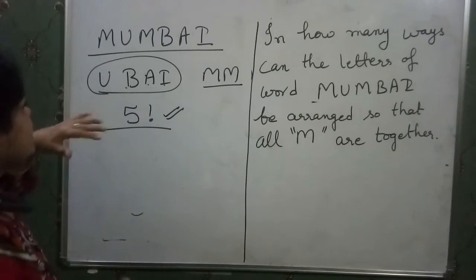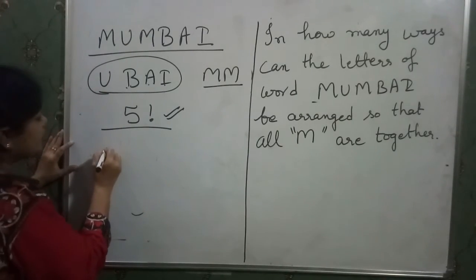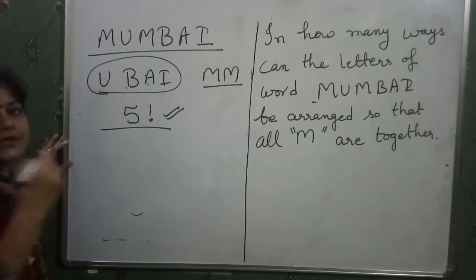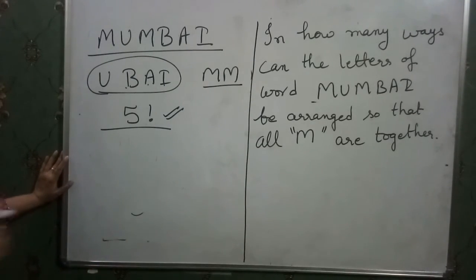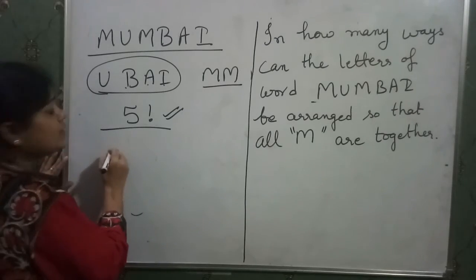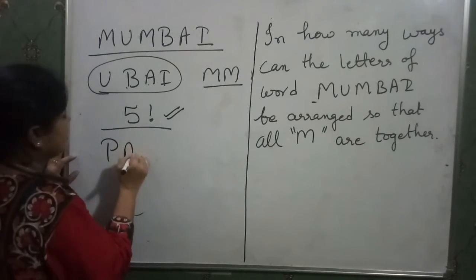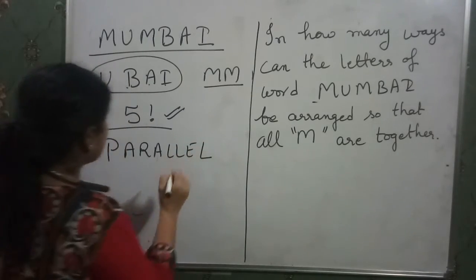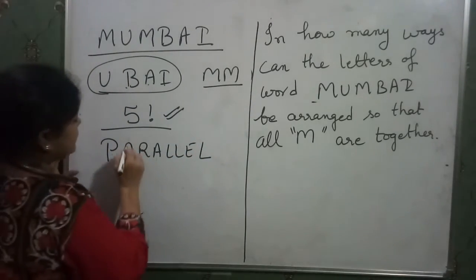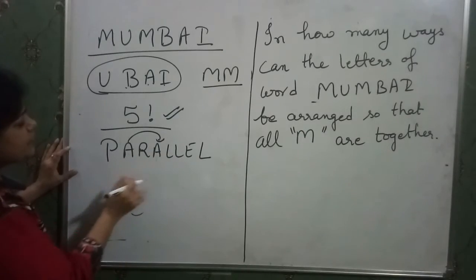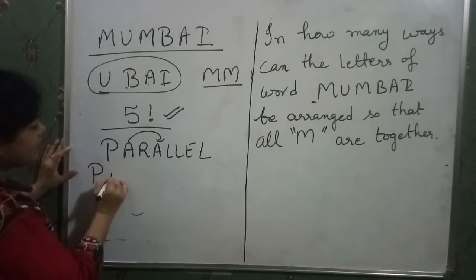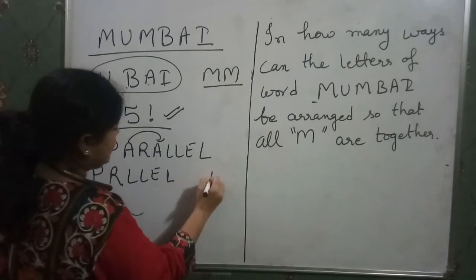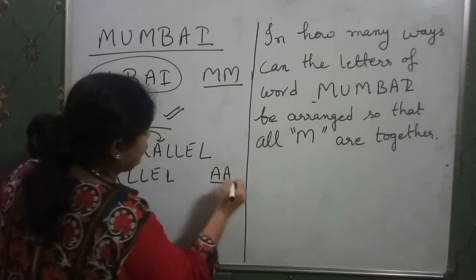Now again I am going to explain. For example, I have some more cases. Parallel: P-A-R-A-L-L-E-L. Now in this case, if I say that A must be grouped, so we have left over P-R-L-L-E-L, and A is kept separately.